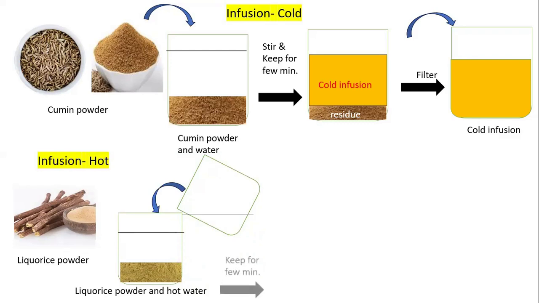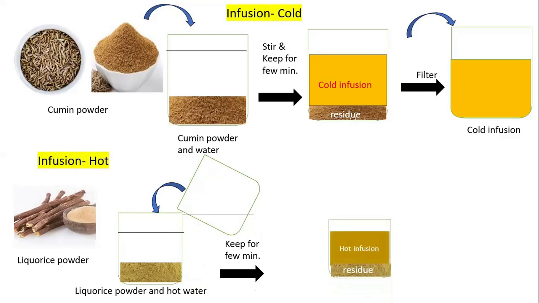Keep it for a few minutes, about 15 to 20 minutes is sufficient. You get the hot infusion and the residue settles at the bottom. Filter this and you get the hot infusion. Mostly green tea is prepared by this technique. At home, these preparations can be made.